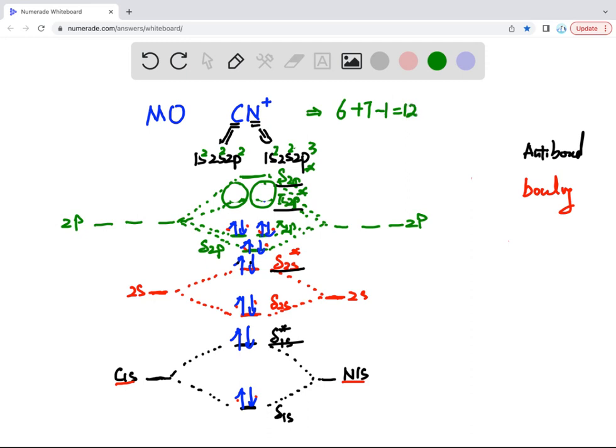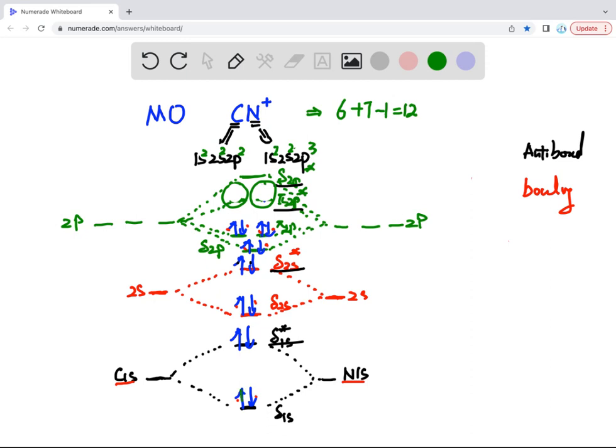So we can start filling the electrons here. I tried to fill it myself, but maybe I'm wrong here, so let's redo that again. When we fill the electrons, we start filling them from the lowest energy state.